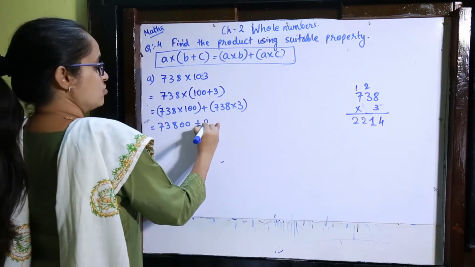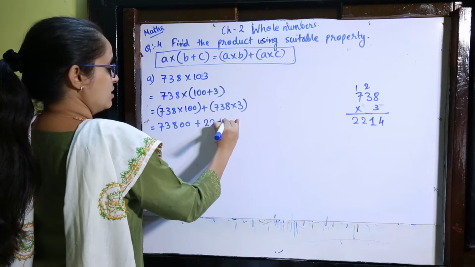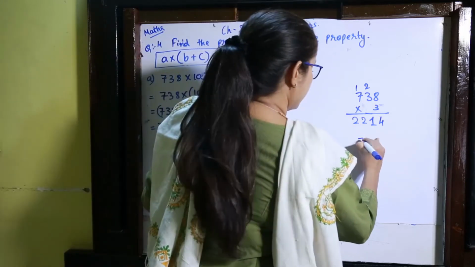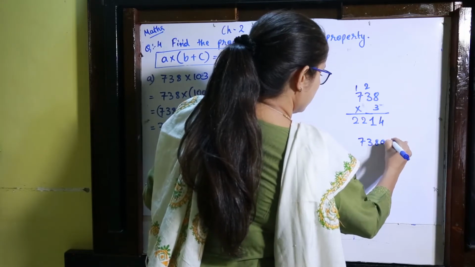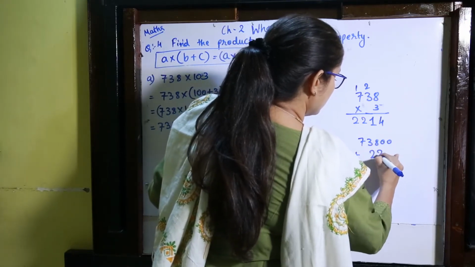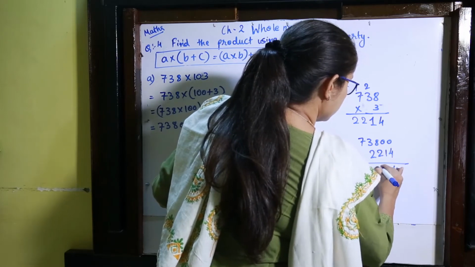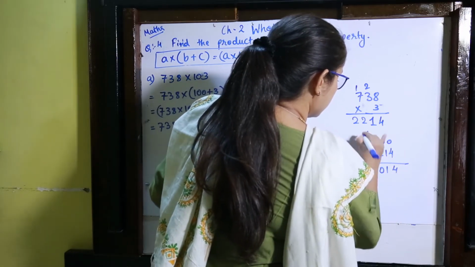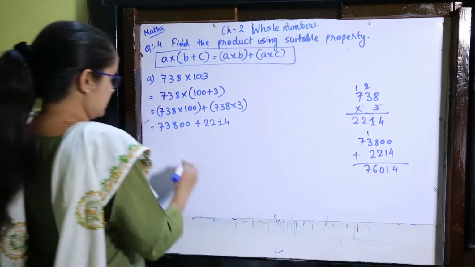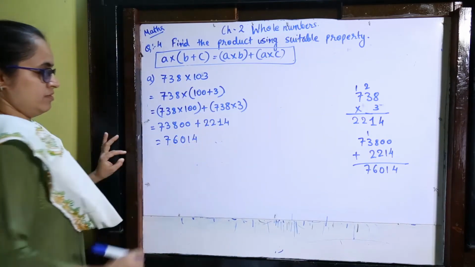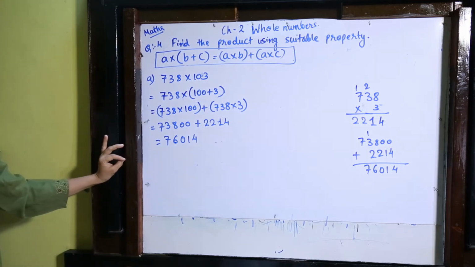So it is 2214. Now add these two numbers. 73800 plus 2214 will be 76014. So the answer is 76014.